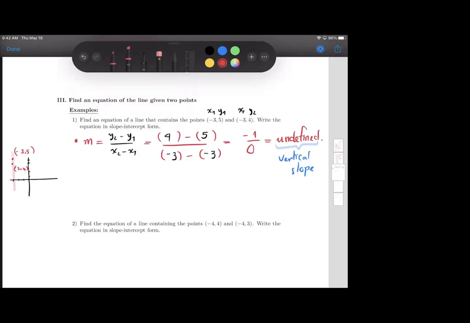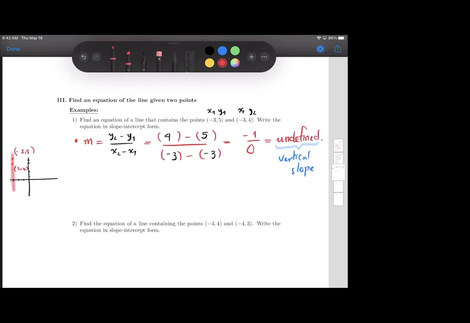It's a vertical line, right? If the horizontal is y equals, then what will vertical be equal to? No, it's not wrong what you said, but it's not what I'm looking for. If it was horizontal, it would be 0 as a slope, right?